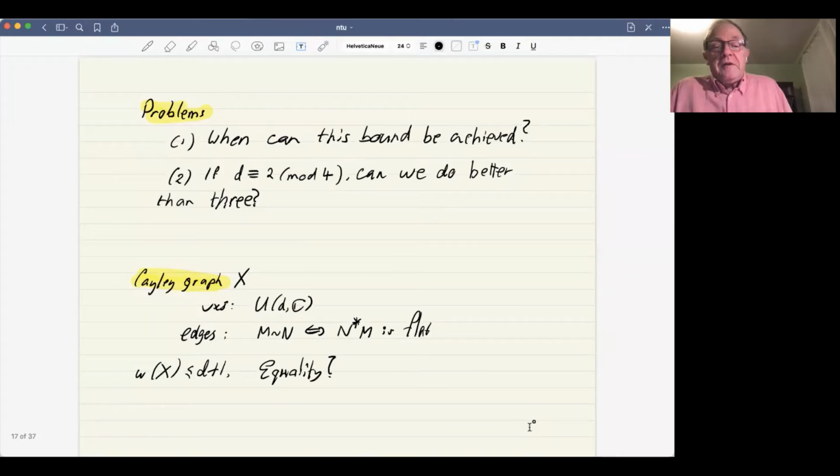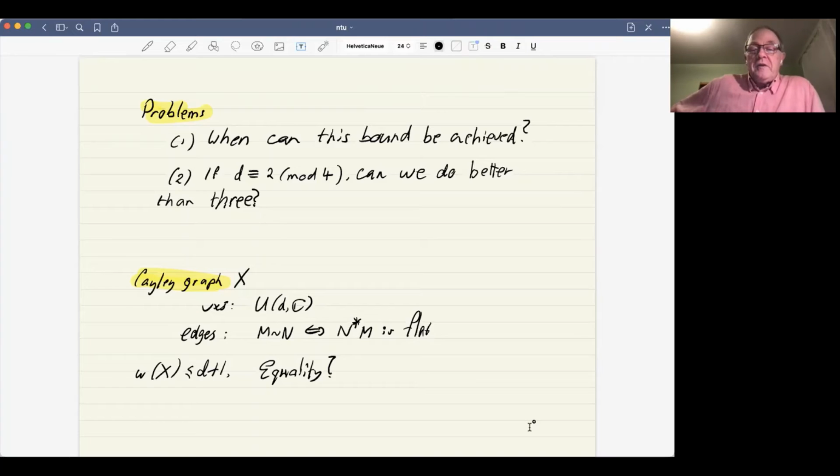I want to give a slightly different formulation of the problem. I can state this in terms of a graph, and this will connect to things I'm talking about later. I'm going to construct a graph. The only problem is perhaps that it's going to be an infinite graph. The vertices are the D by D unitary matrices. Now the edge set: I'm just going to say the 2 matrices M and N are adjacent if N star M is flat.